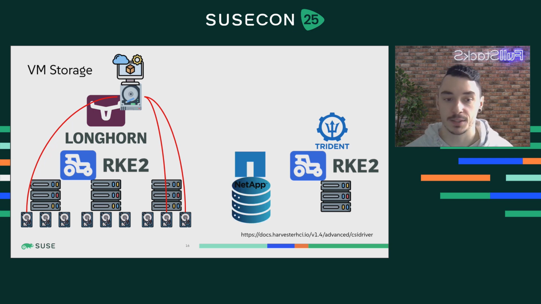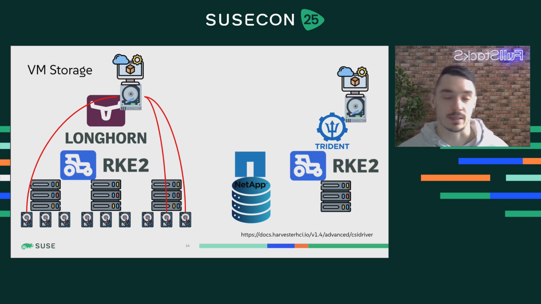Of course, we then have a NetApp system standing somewhere that needs to be connected physically to the hardware. That's definitely true for both approaches. And in that case, if the virtual machine requests a disk, you need to specify the storage class. I'm going to talk about that in a second, so no worries.